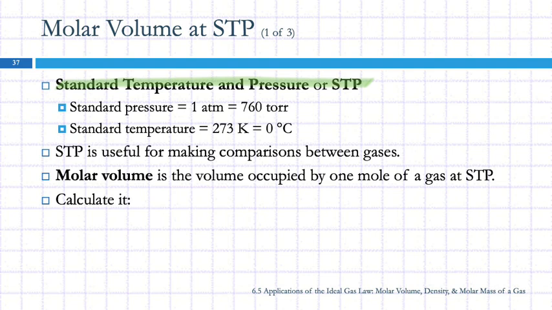So we can calculate that using the ideal gas law. So we want to calculate the volume of 1 mole of gas. So we're putting in 1 mole, exactly 1 mole, for the amount, and we've got the ideal gas constant.